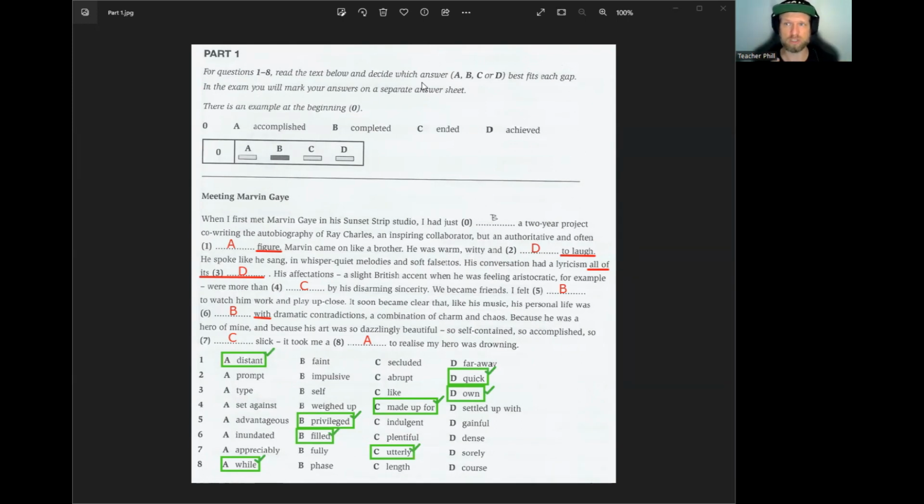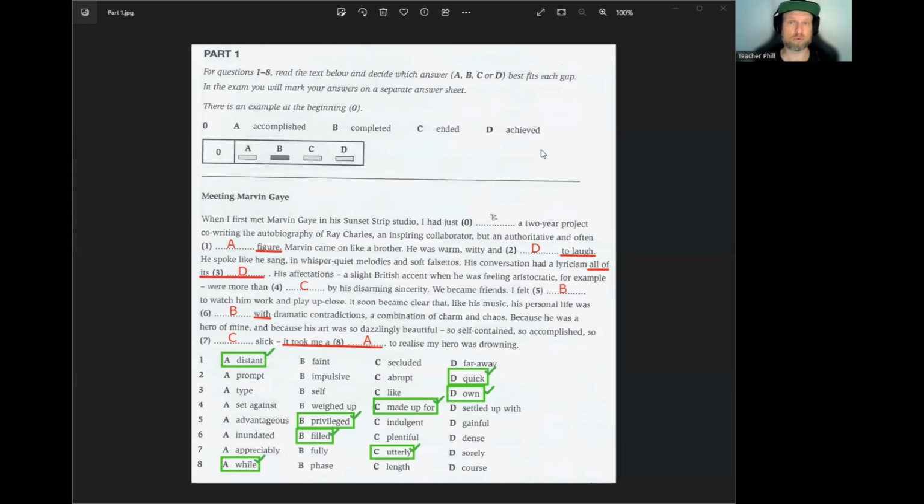You read the text once, and then when you look at the different gaps, always try to find different words. You can see here the things I've underlined, and in the last one, I could also underline: it took me a while. Often you will find certain words or expressions that only become complete and correct with the right word, and we just choose the option that fits that.